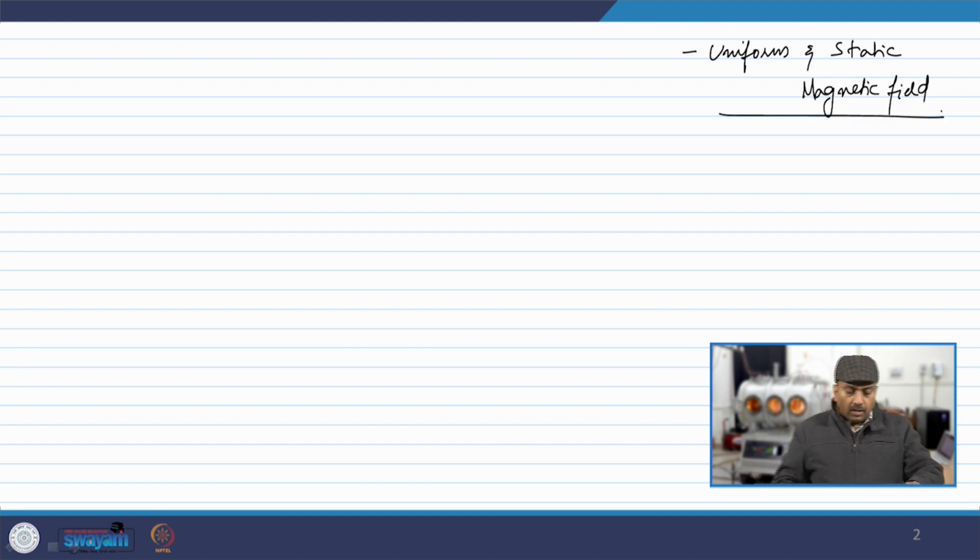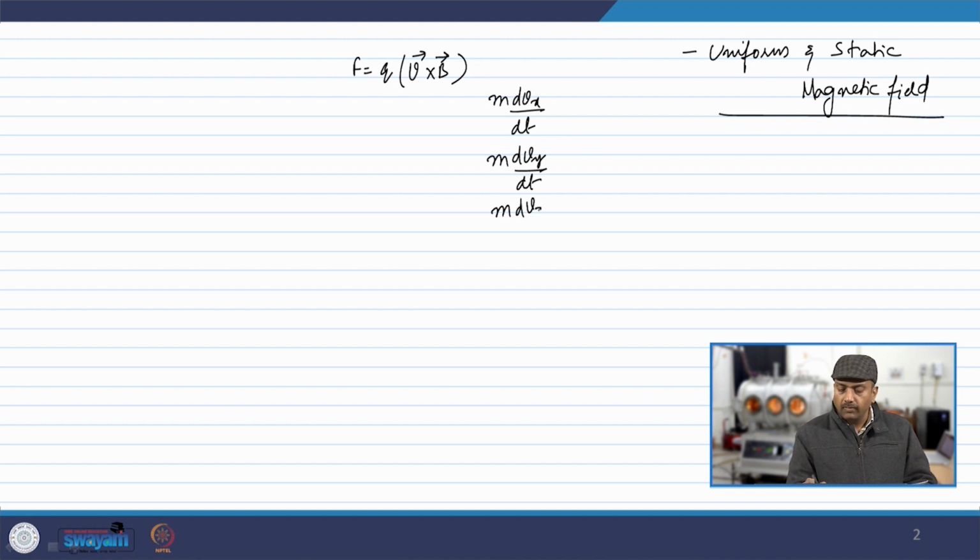Now, in the last lecture, we have derived these two equations. So, we have considered the force is Q times V cross B. Using this in the component form, we have got these equations: m dVx by dt, m dVy by dt and m dVz by dt.